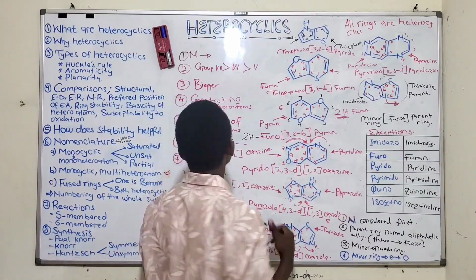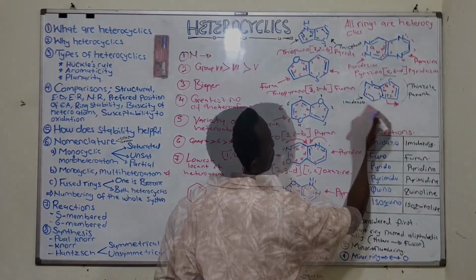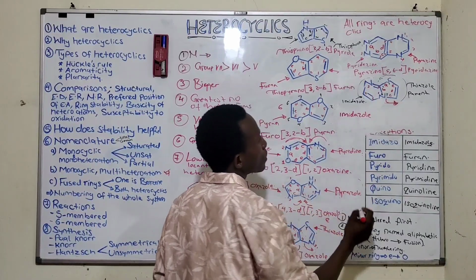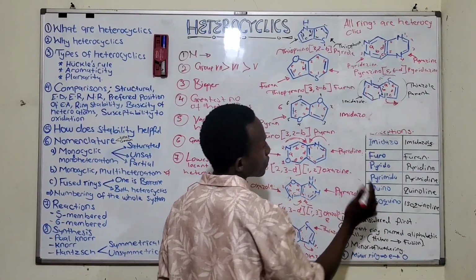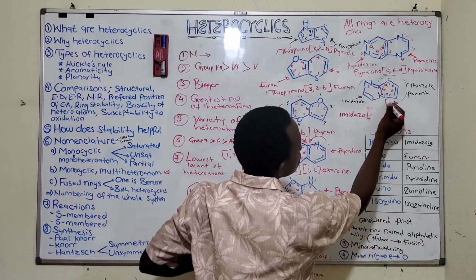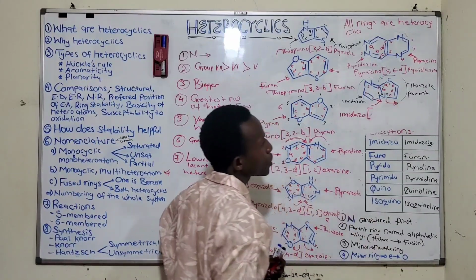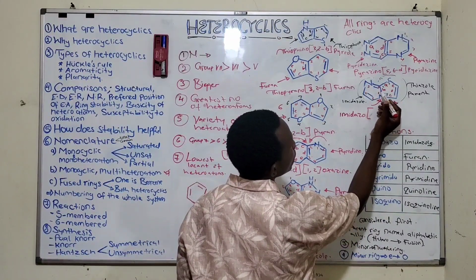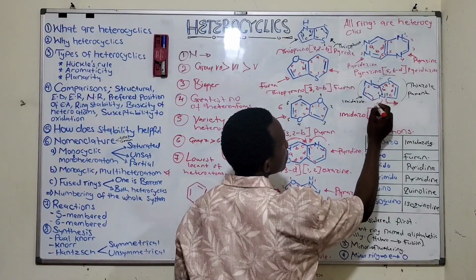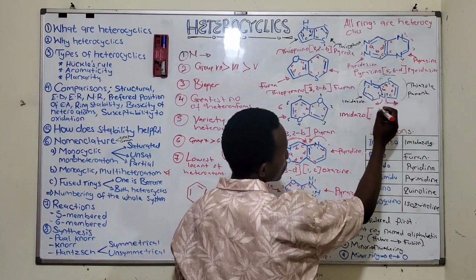Therefore, the name will be imidazo, like this. Then, since this one is moving, we are moving this direction. By this one, we are moving the other direction. Instead of 1, 2, we shall write 2, 1 because we want to move this direction. So they should be both moving outwards.